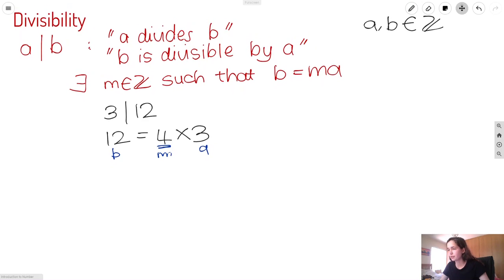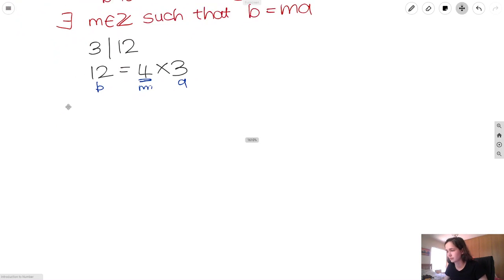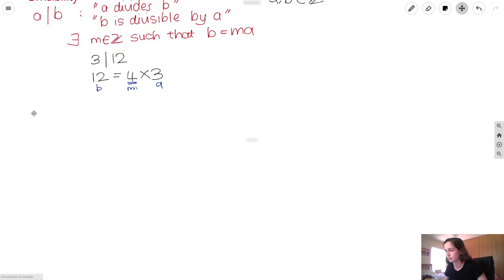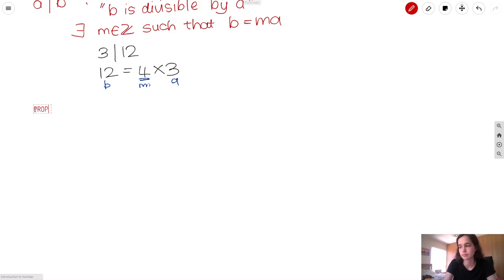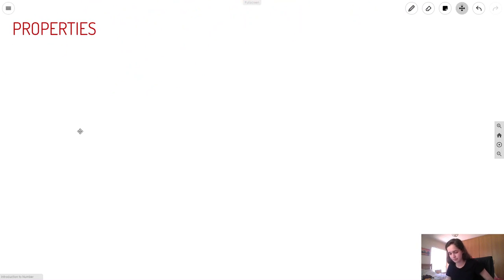Now we're going to look at some properties of divisibility. Firstly, 1 divides B where B is an integer.